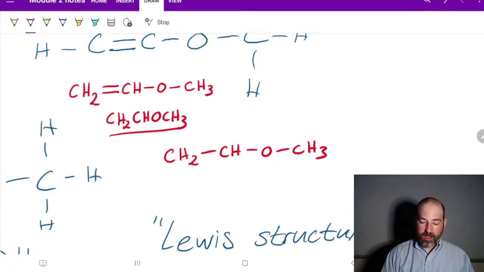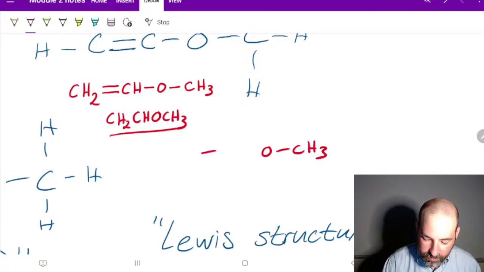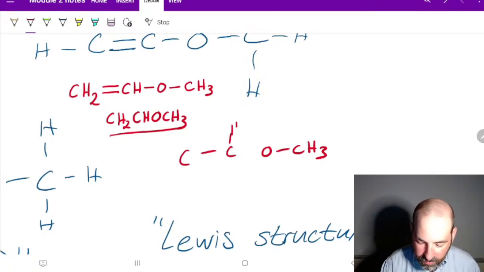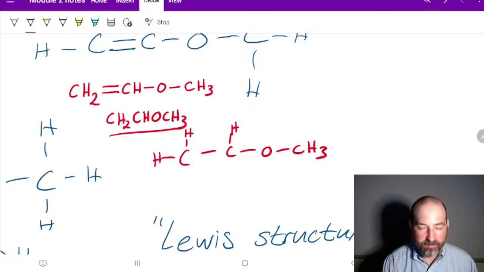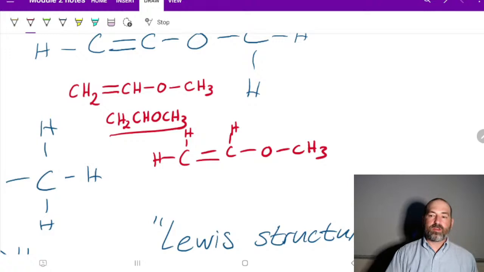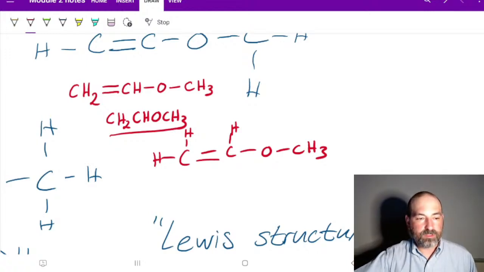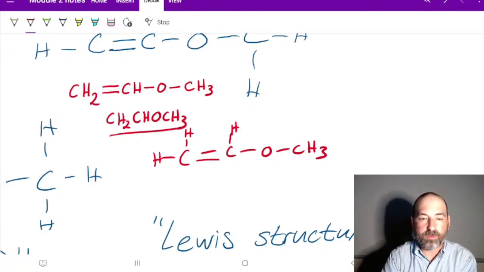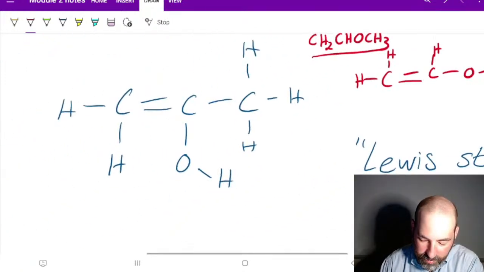That might still look okay to me until I actually start doing the Lewis structure, and that's when I would notice that 2 of these carbons don't have enough bonds. And then I would say, oh, aha, I have to add another double bond there. So there's a double bond in this structure. So by smushing this thing down into a condensed structure, you're definitely sometimes making it a little harder on the person you're communicating it to. But if that person has some chemistry training, they should be able to tease that out and figure out what that means.